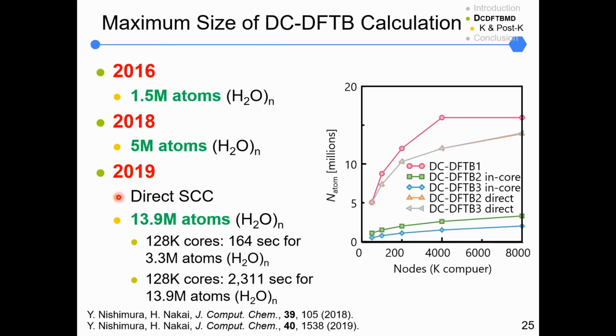So we developed the direct SCC, direct self-consistent charge algorithm, to save memory, in analogy to the direct SCF in ab initio Hartree-Fock or DFT calculations. Then the maximum size of our program becomes more than 10 million atoms, like this one.